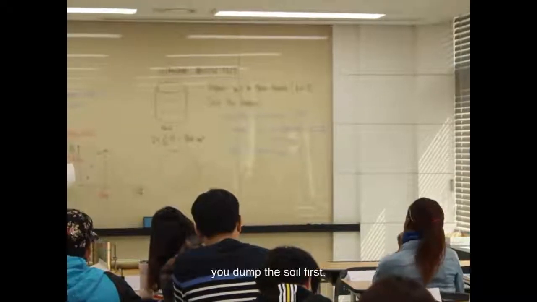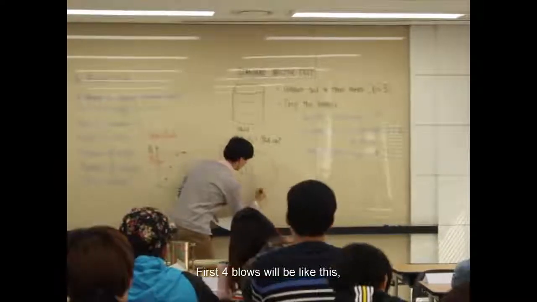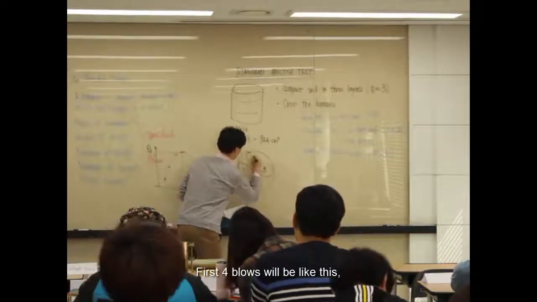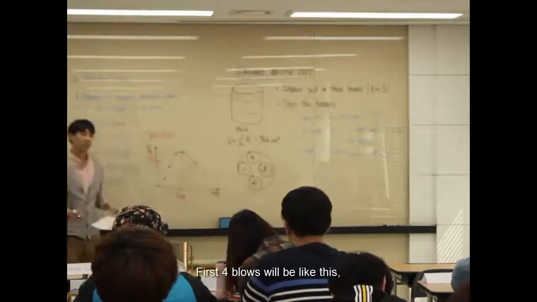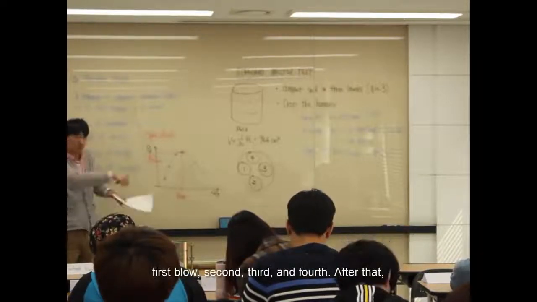You dump the soil first, and the first 4 blows will be like this: one blow, two, third, and fourth.